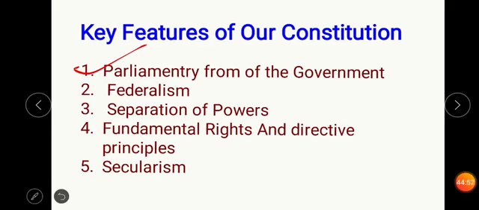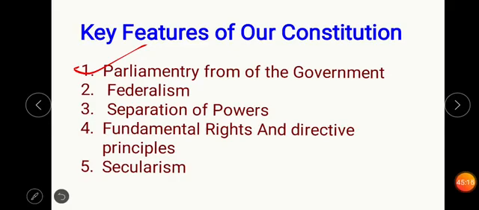So from where is the parliamentary form of government borrowed? It is adopted from the British Constitution. Under the parliamentary system, the head of the state may be a monarch or a president.